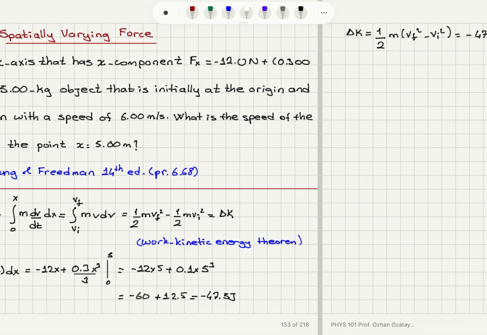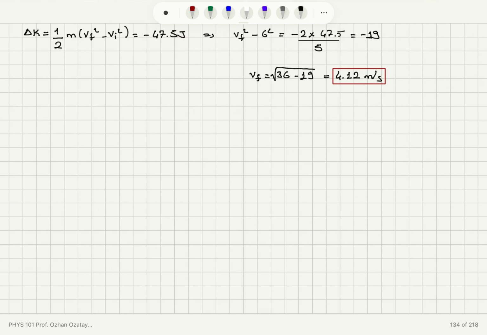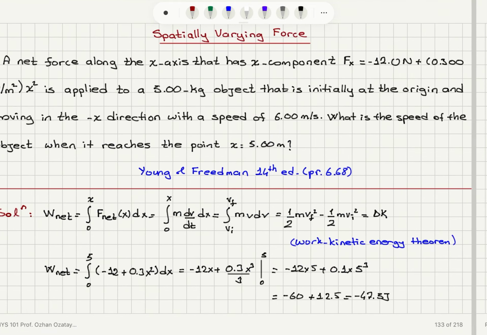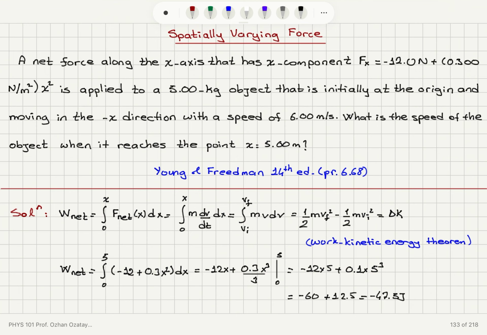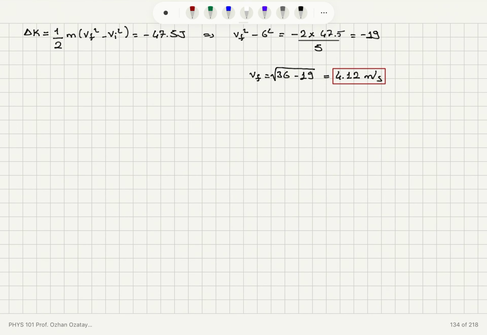That gives us minus 47.5 joules. When we check the change in the kinetic energy, 1/2 times 5 times v final squared minus 6 squared must be equal to minus 47.5 joules. So we find the final speed is 4.12 meters per second. The initial speed was 6, the final speed is 4.12 meters per second.